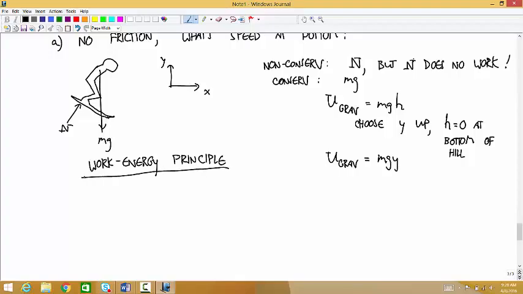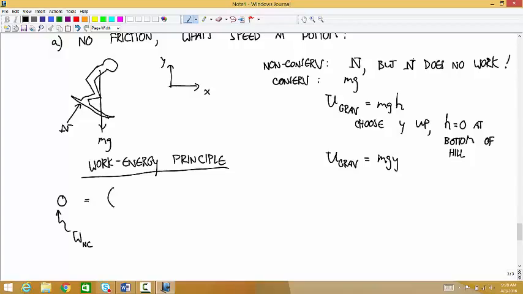So now the work energy principle says we're going to be dealing with two instants. The one is at the top of the hill, that's instant 1. And instant 2 is at the bottom of the hill. So there's no work done by non-conservative forces, and that's equal to the change in kinetic energy.